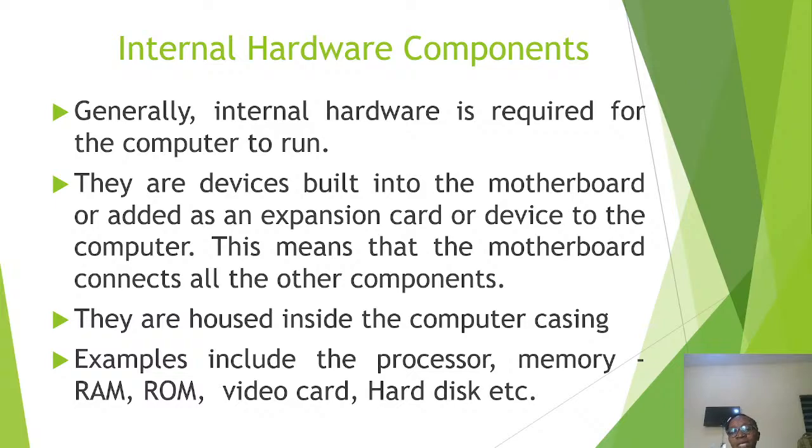The motherboard itself is one of the major internal components, and then other internal components are placed on the motherboard to also help the computer to run. That's why we say that internal components are required for the computer to run. They are housed inside the computer casing. Examples include the processor, the memory, the RAM, the ROM, the video card, and then the hard disk and others.